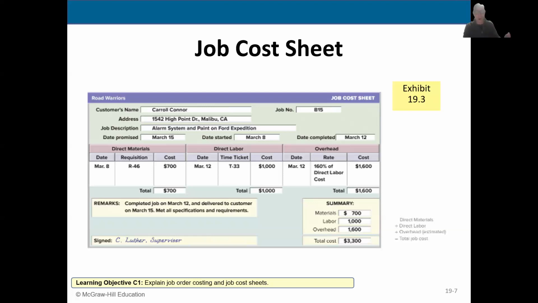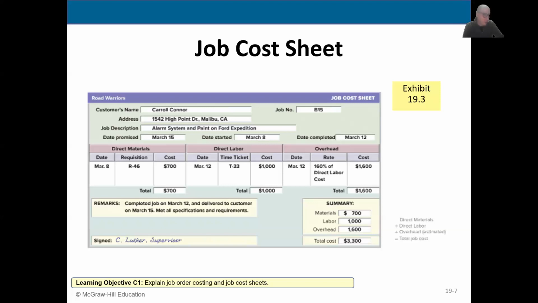And then the third cost is factory overhead. Factory overhead can be applied in a couple of different ways. The most commonly used method for applying factory overhead is what we call the single plant wide rate method for overhead.